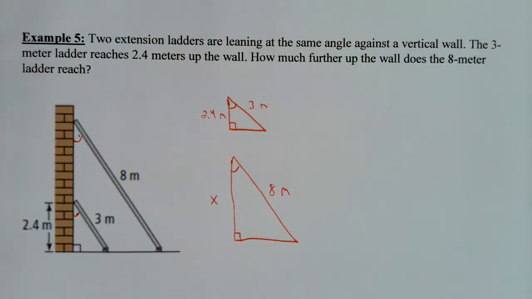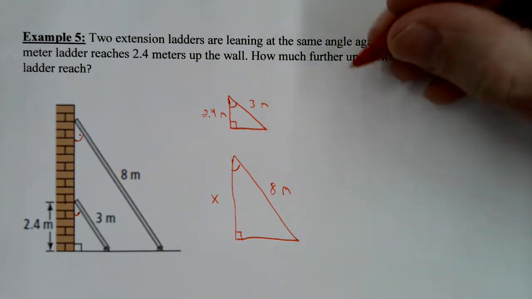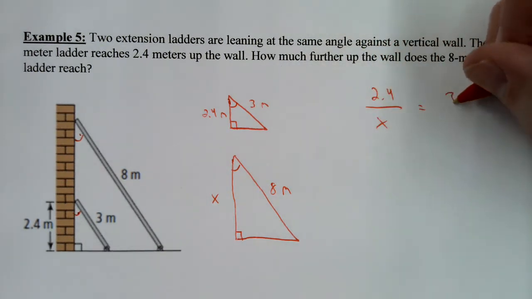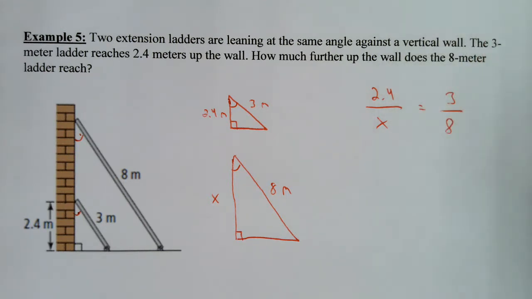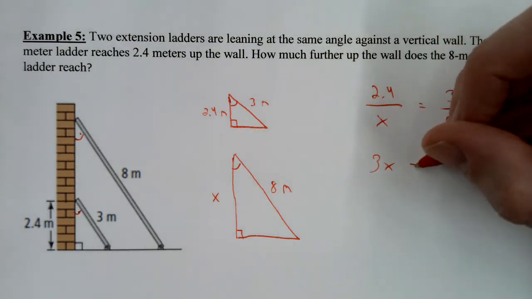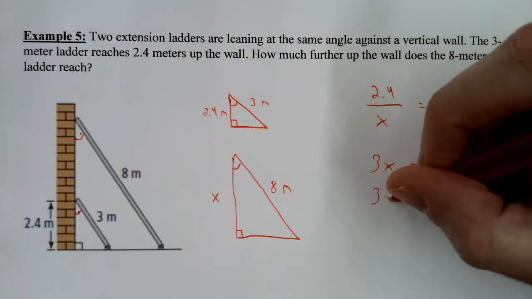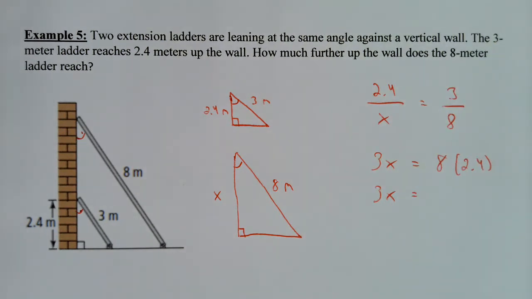So let's write a proportion. Make sure all your numerators come from one triangle. Make sure all your denominators come from the other triangle. I'll do 2.4 over X equals 3 over 8. So 3 times X equals 8 times 2.4. 3 times X equals 19.2.